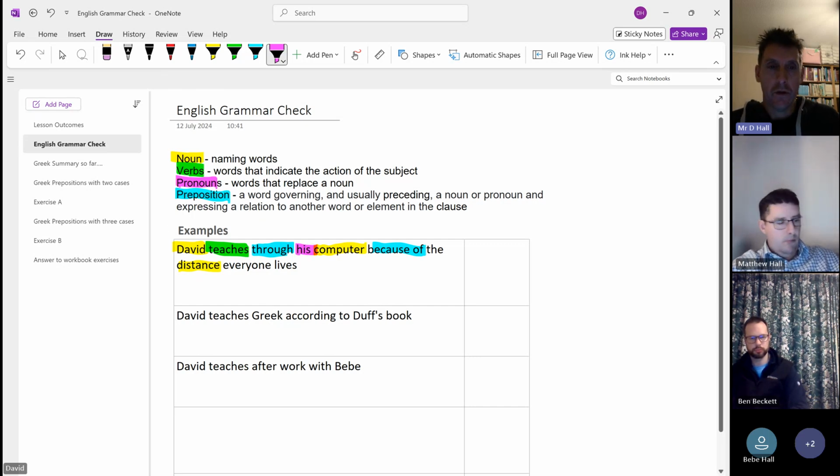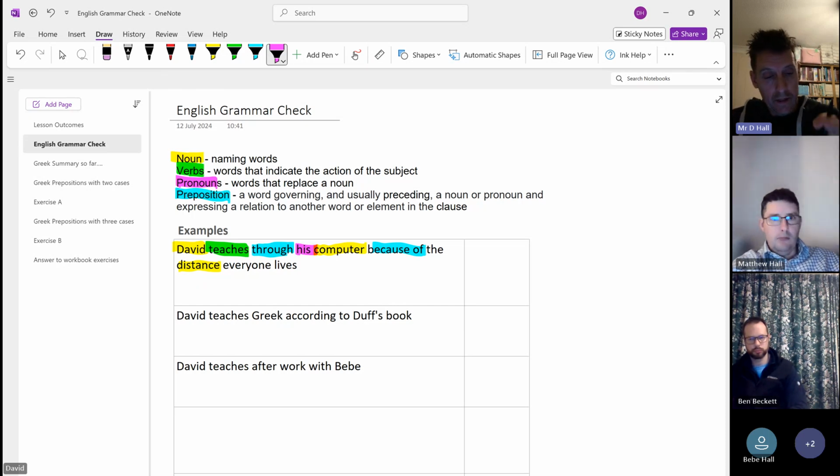So rather than putting David teaches through David's computer, we would replace it with his. We have different ways of describing different parts of a sentence, and we need to know that in order to understand how our Greek sentences are structured. You can see further examples down there, similar ideas. The teaching is the verb, and then there are things that tell us more about what is being taught, who's teaching it, and how it's being taught. We're just trying to build up a picture of what a sentence looks like by breaking it down into little sections.